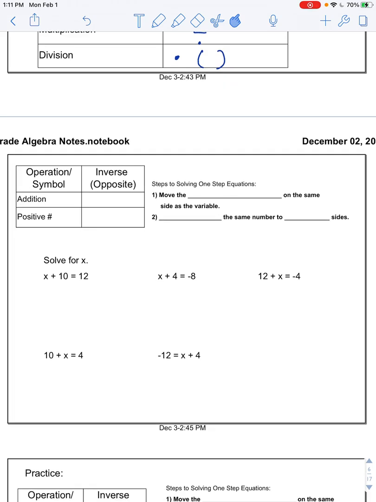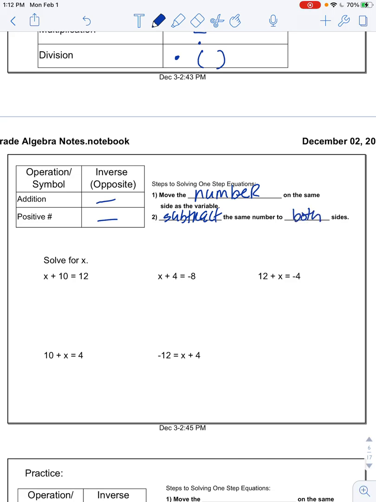Alright, so we just got done saying the inverse of addition is subtraction, and the inverse of a positive number is also subtraction. So to solve these, we need to move the number on the same side as the variable. And how are we going to do that? Well, for these, we are going to subtract the number from both sides.